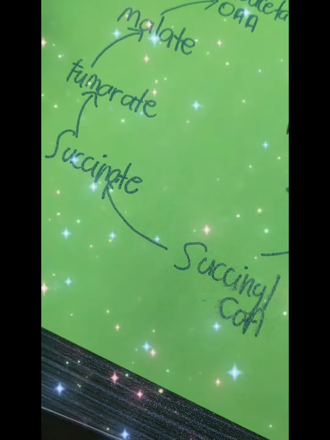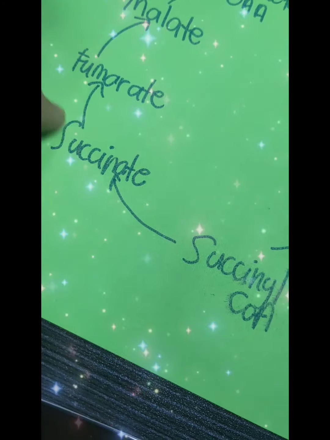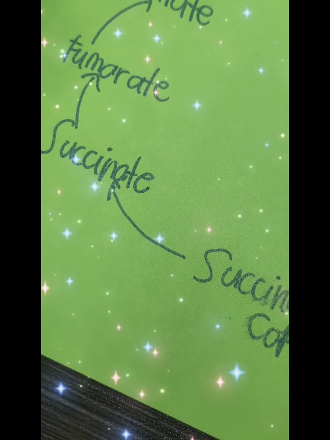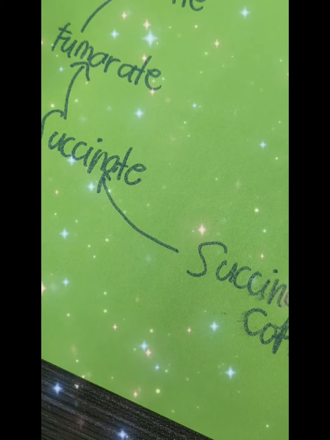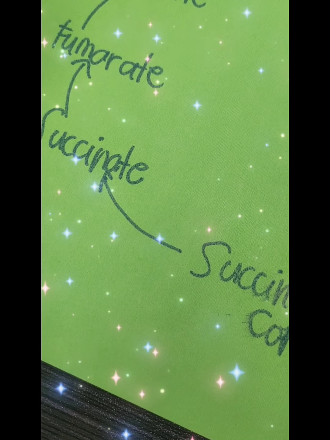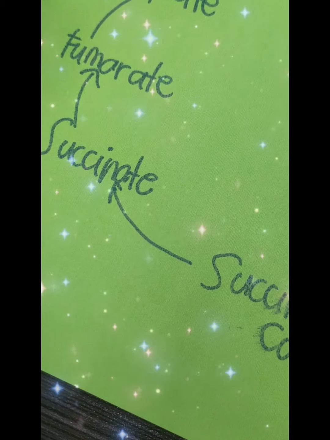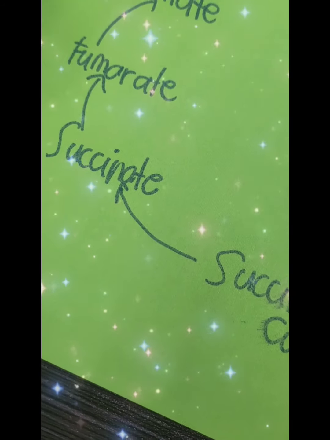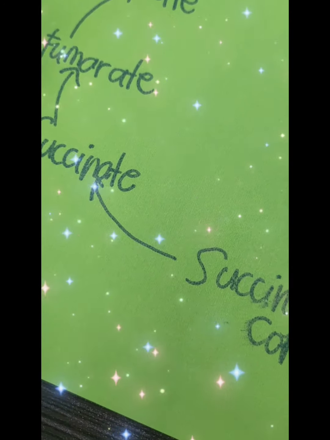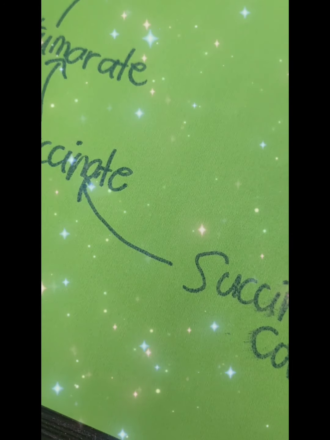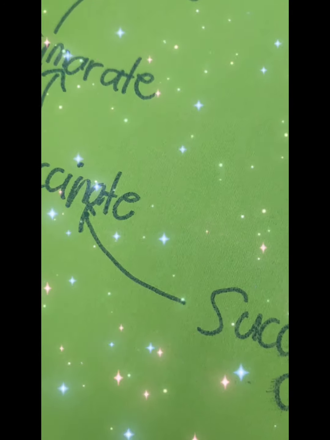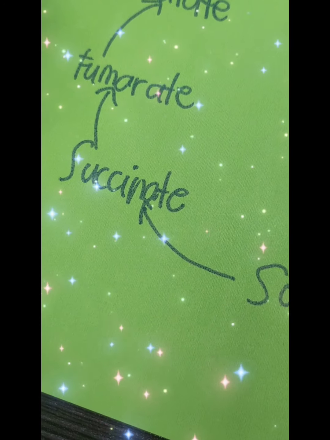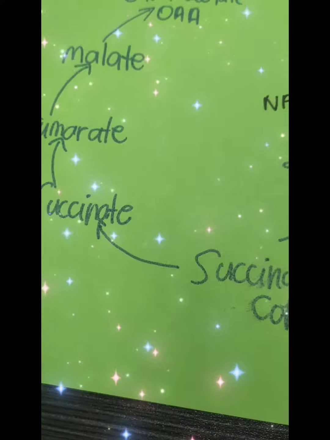Magki-cleave siya. Cleavage, magiging succinate. The succinate thiokinase cleaves off the high-energy thioester bond of succinyl-CoA. Okay? So, next reaction.